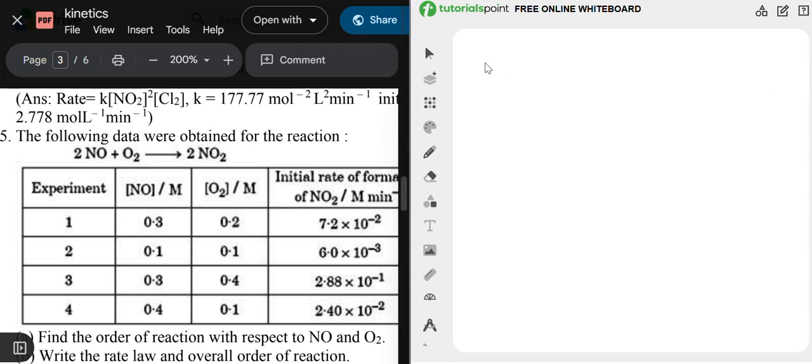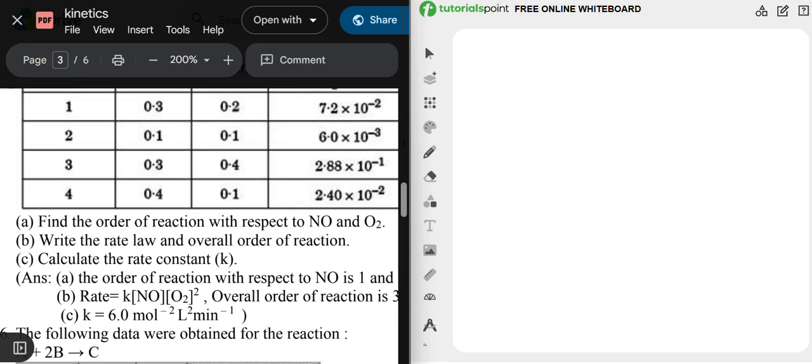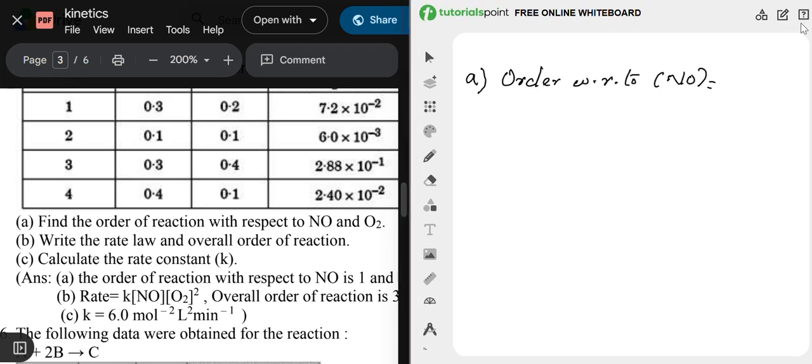When you are writing these kinds of answers for the board exam, put the correct question number. You solved this, so put the correct question number and write the order with respect to NO. How much did you get? The previous X value we got as 1, right?